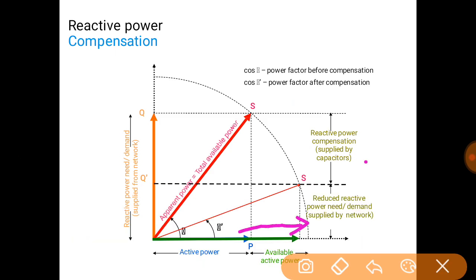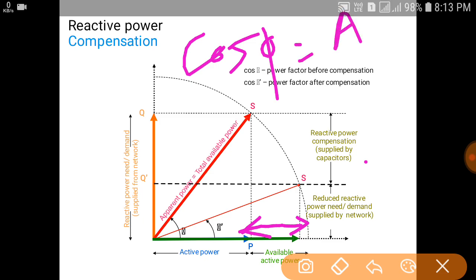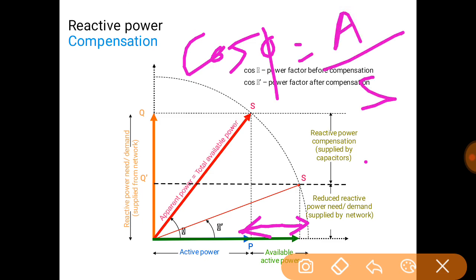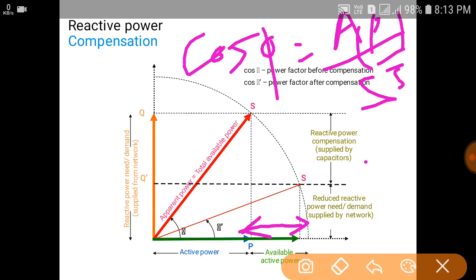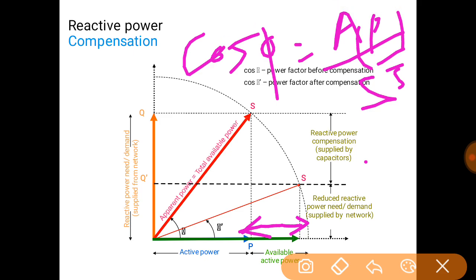This value is increased when S is constant, and power factor cos phi is equal to active power upon total power S, or P upon S. Active power is denoted by P and measured in kilowatts. S is measured in kVA and reactive power is measured in kVAR.